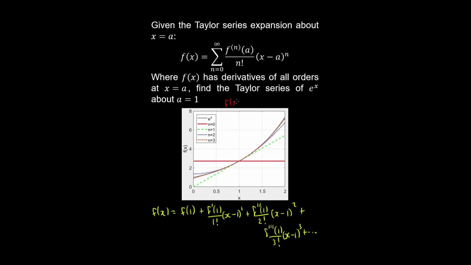And given f of x is e to the x, well, all these derivatives are going to evaluate to e to the x. And evaluating these at x equals a equals 1, and then we can substitute these into this function.